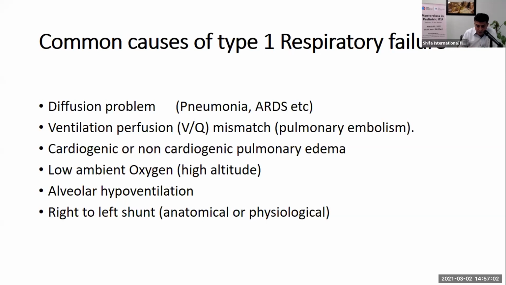And cardiogenic or non-cardiogenic pulmonary edema, again the reason is the same, that alveoli are wet, and the mechanism is the same as ventilation perfusion mismatch. There can also be decreased oxygen content in the air itself, as can happen in high altitude areas. Even alveolar hypoventilation, though it typically causes type 2 respiratory failure, can also give you type 1 respiratory failure. And the right to left shunt, which happens in congenital heart diseases, can be either an anatomical or a physiological right to left shunt.